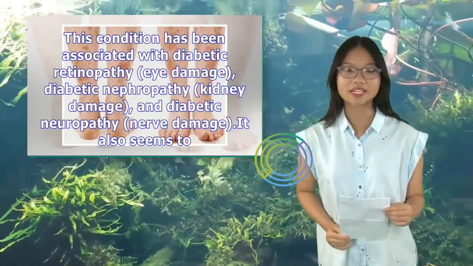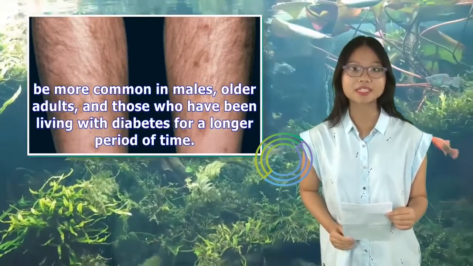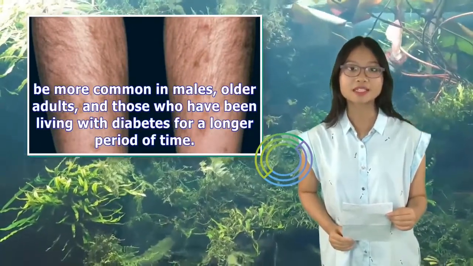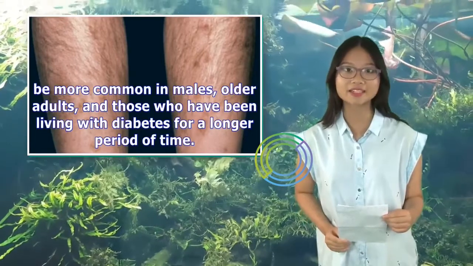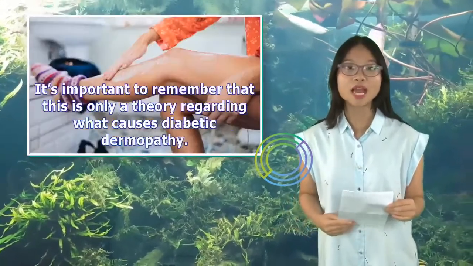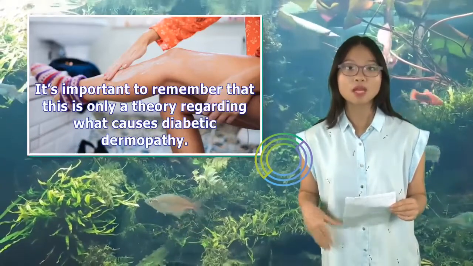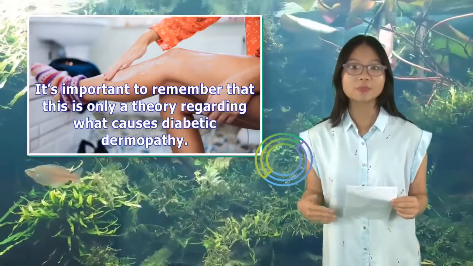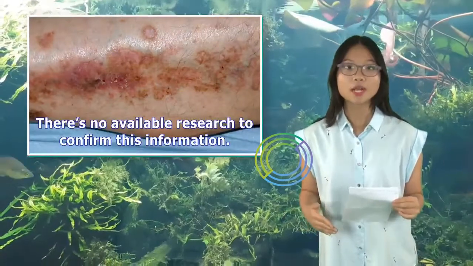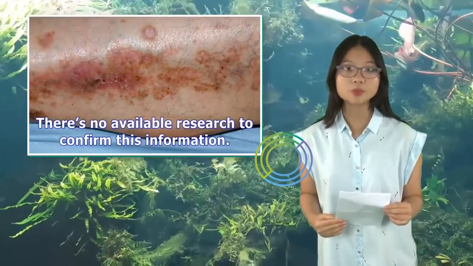It also seems to be more common in males, older adults, and those who have been living with diabetes for a longer period of time. It's important to remember that this is only a theory regarding what causes diabetic dermopathy. There's no available research to confirm this information.